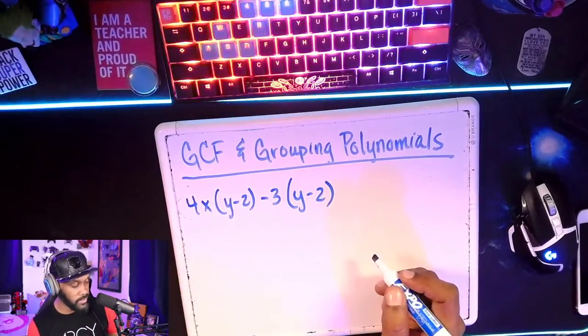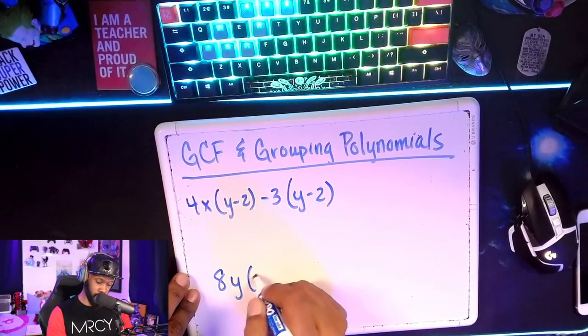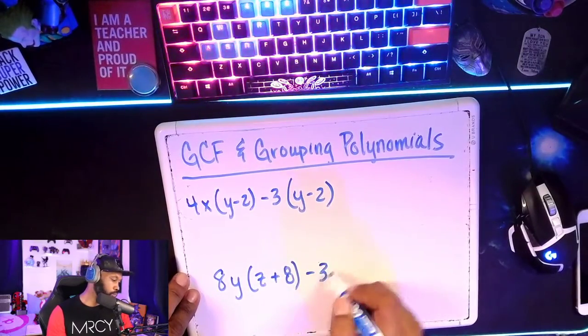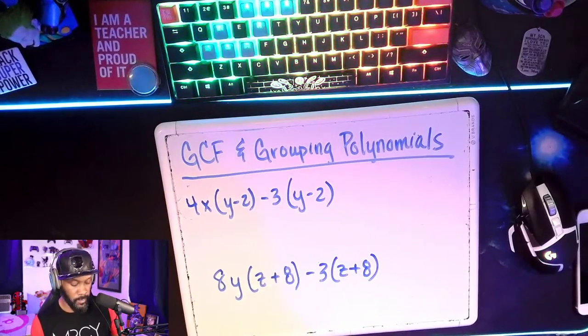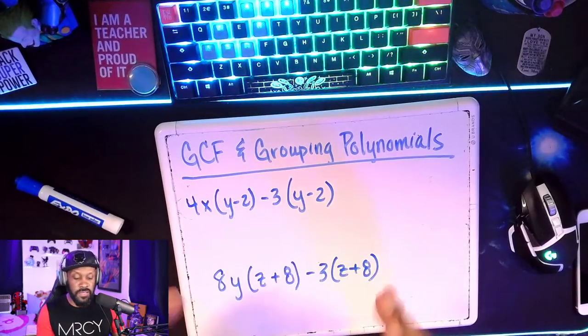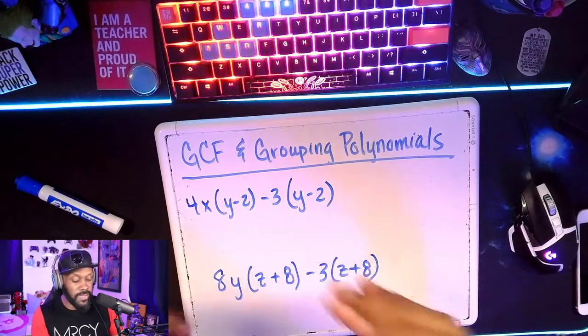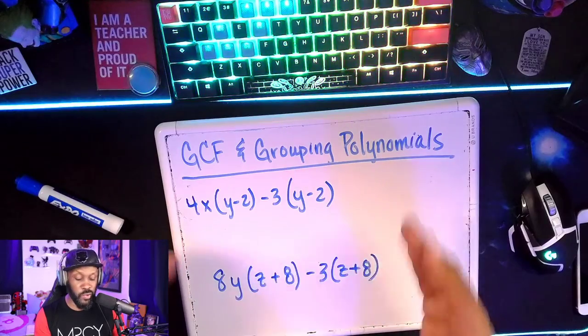Let's take a look at two different approaches. These particular problems are already kind of grouped together, but still we could put them down into a more concise form in the sense of two binomials.